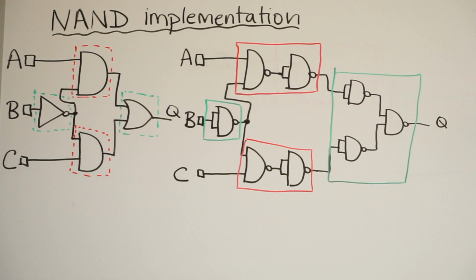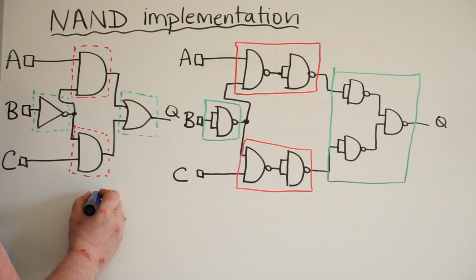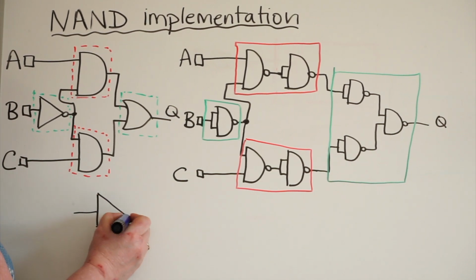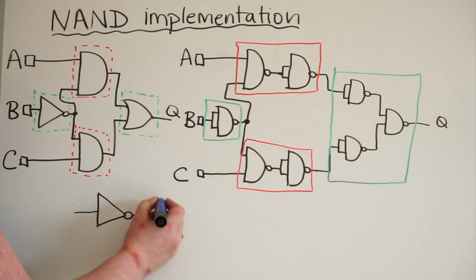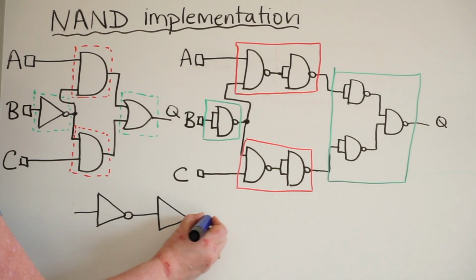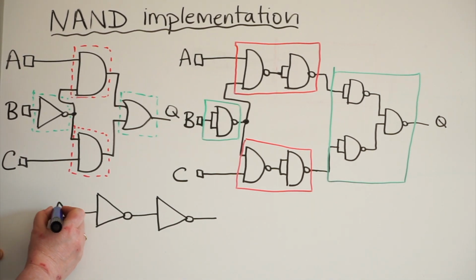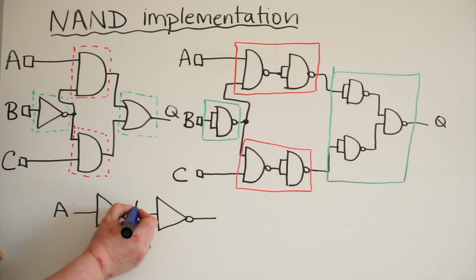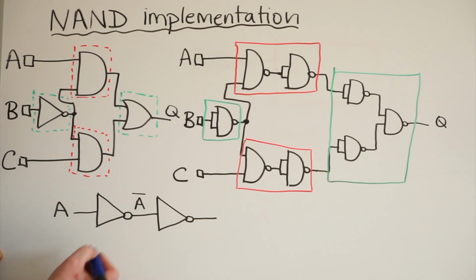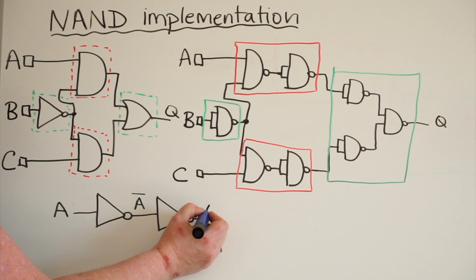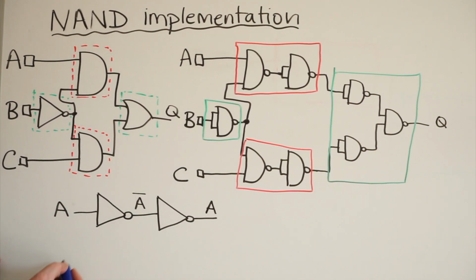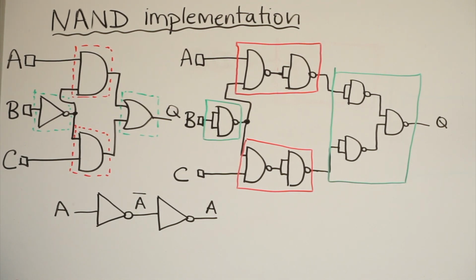If you think about it, whenever you have got a NOT gate followed by another NOT gate, okay, so if our input was A, we've got a NOT gate, that means here we've got not A. And back over here on the side, we're back to A again. So whenever we've got two inverters, two NOT gates, one after the other, essentially they are redundant. We don't need them because one cancels the other one out.